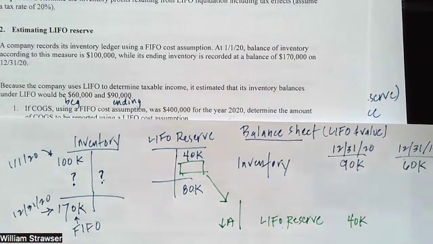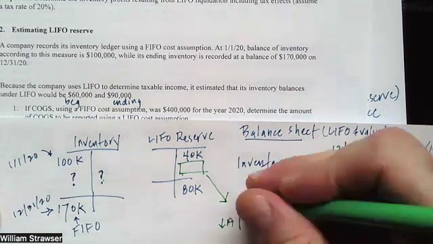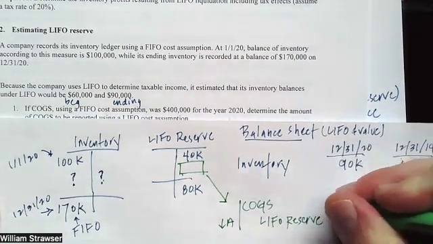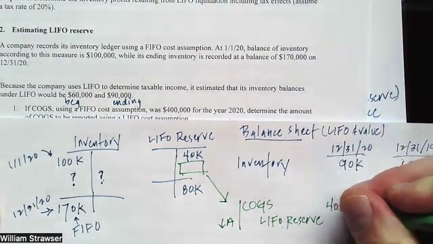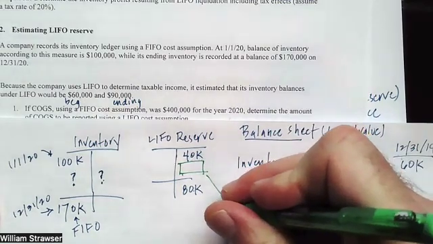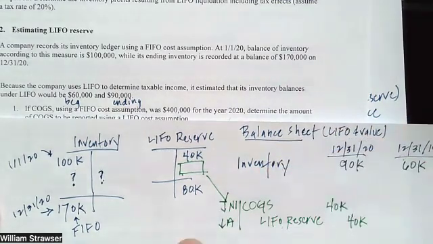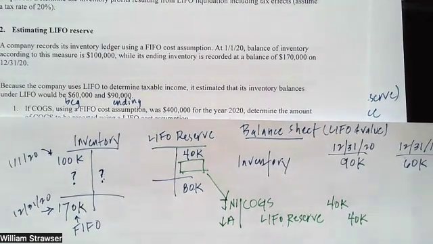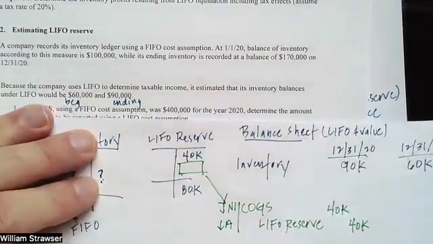Now the question becomes, what do we need to debit? And the answer is quite simply cost of goods sold. And we debit cost of goods sold, which effectively increases cost of goods sold, which aligns again with what we generally expect from LIFO in times of rising inventory costs.